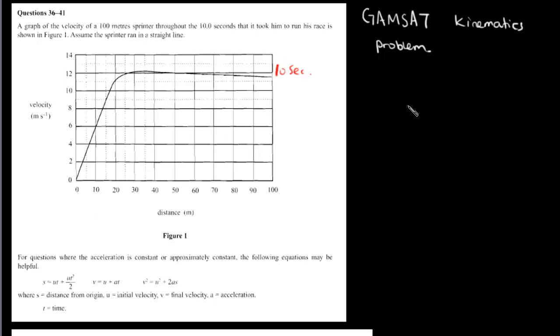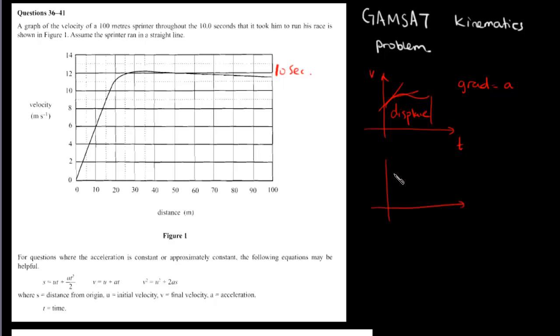And this is a velocity versus distance graph. So this is actually quite unusual. Usually you have a velocity versus time graph, where the area underneath gives you the displacement, and the gradient in a VT graph gives you the acceleration, right?